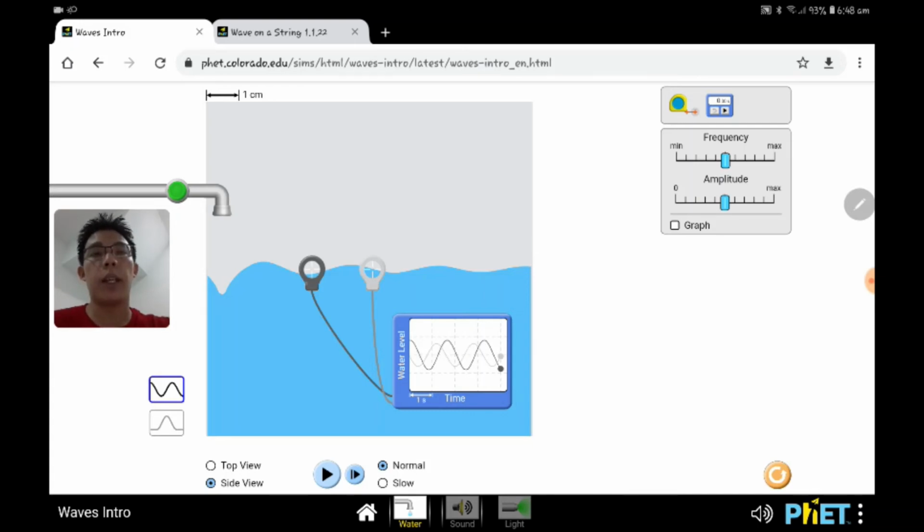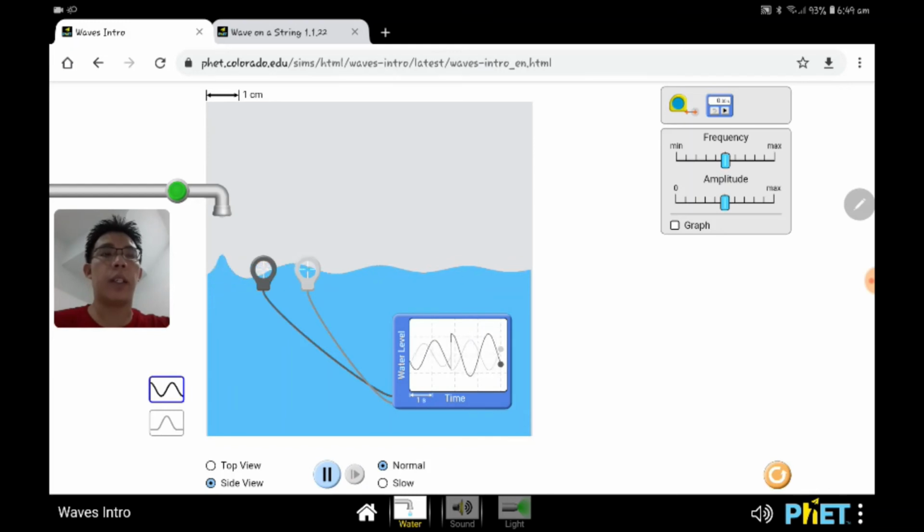To demonstrate that, I'm going to move one of these readouts to a peak and the other one to a trough, its lowest position, so that they show us the case of half a cycle difference.